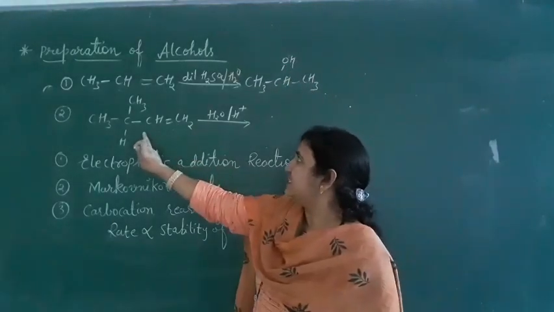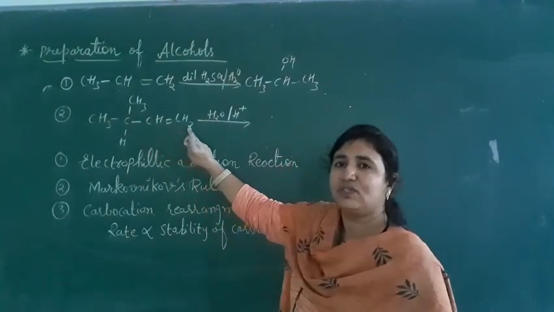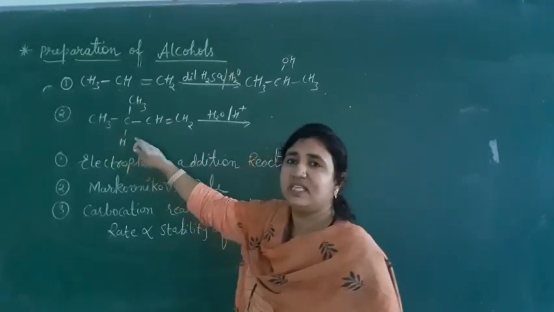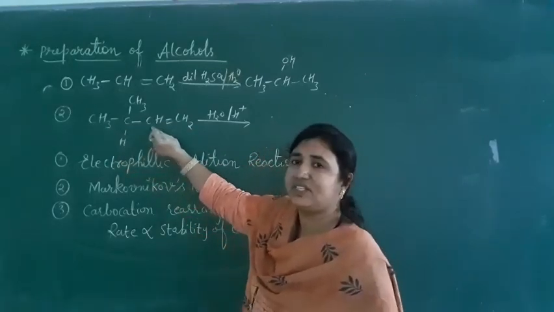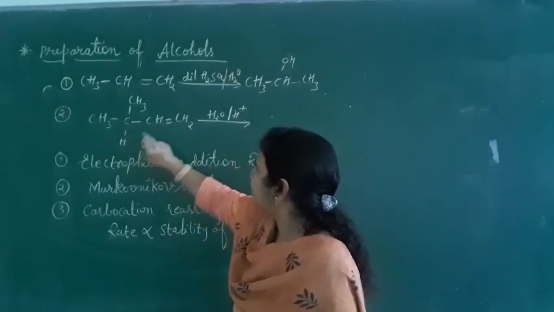But in the second case, OH minus should come here and hydrogen should come here, but here the possibility of rearrangement is there. This is a hydride shift reaction. That's why OH will come here and hydrogen will shift here.